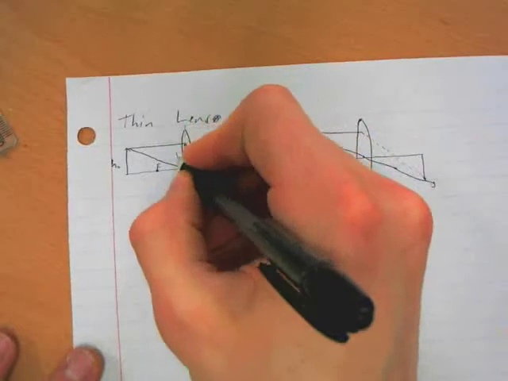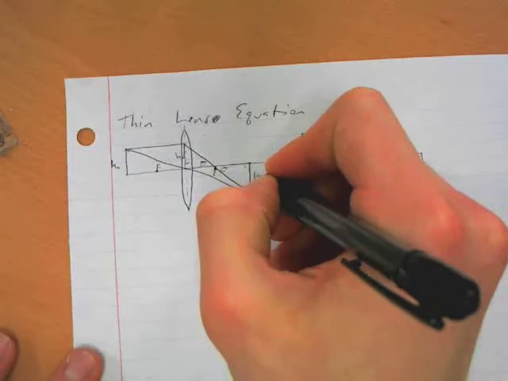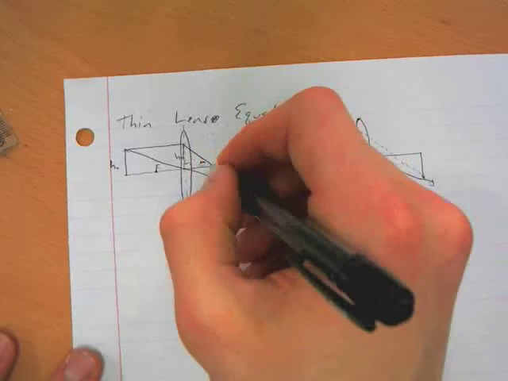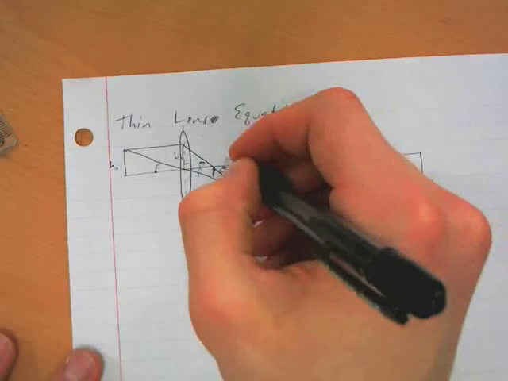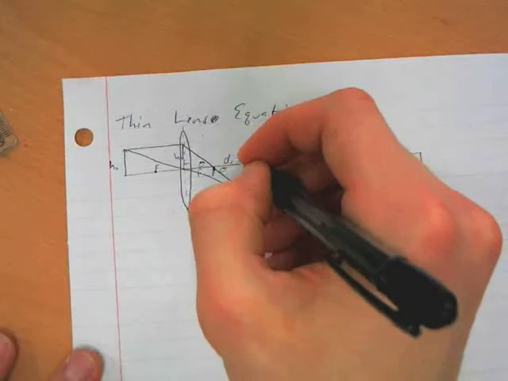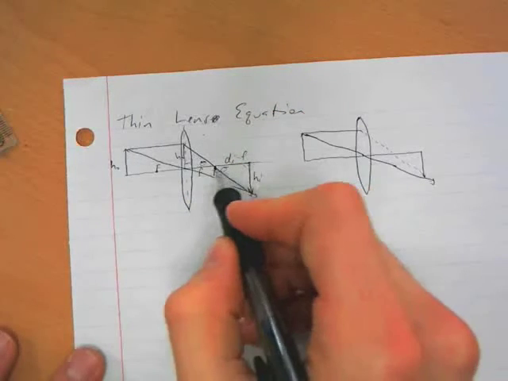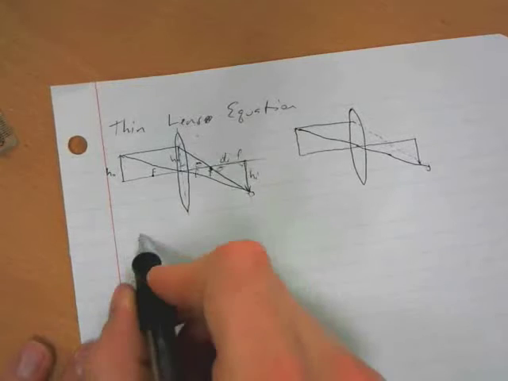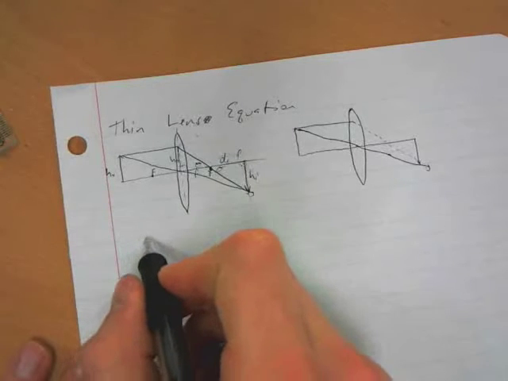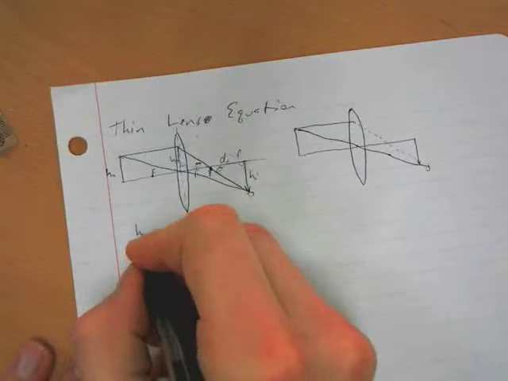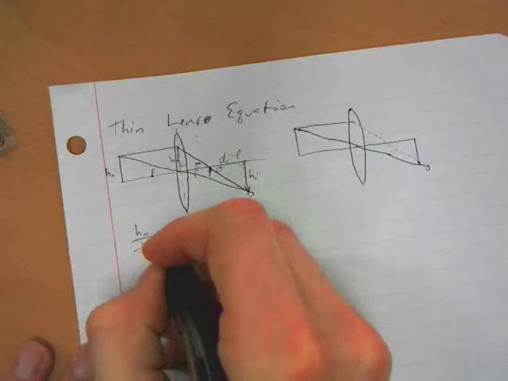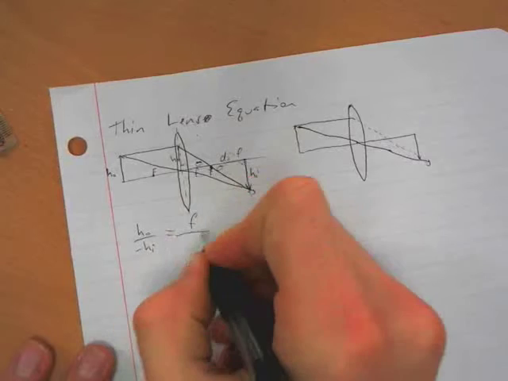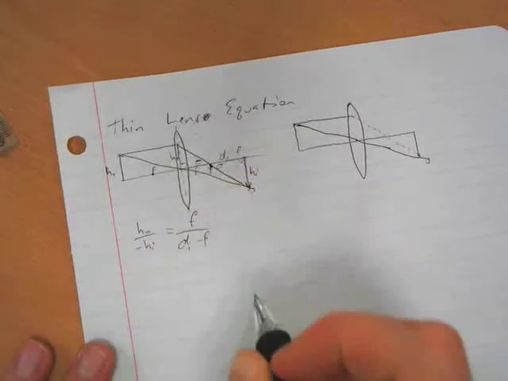This is our object height, this is our image height, this is the focal length, and this is image distance minus focal length. From that we can write a ratio using similar triangles: object height over minus image height is equal to focal length over image distance minus focal length.